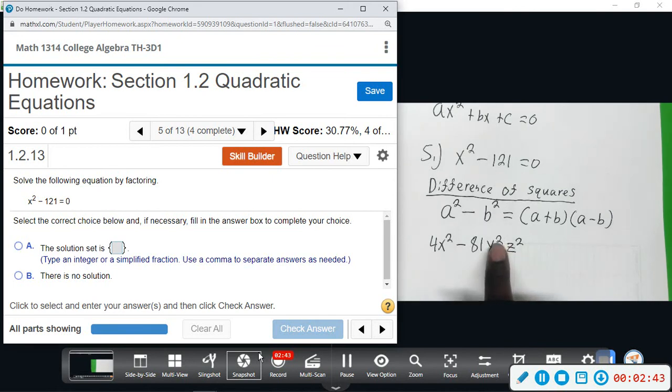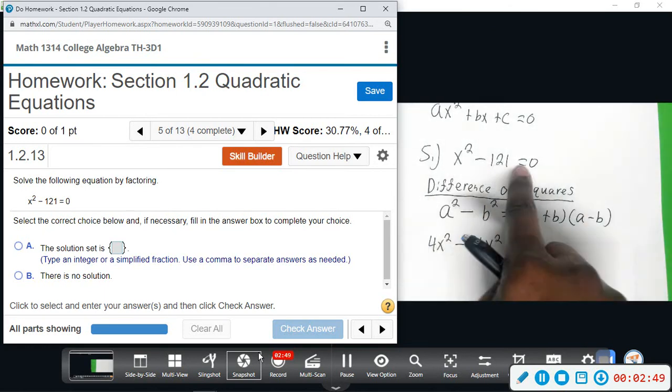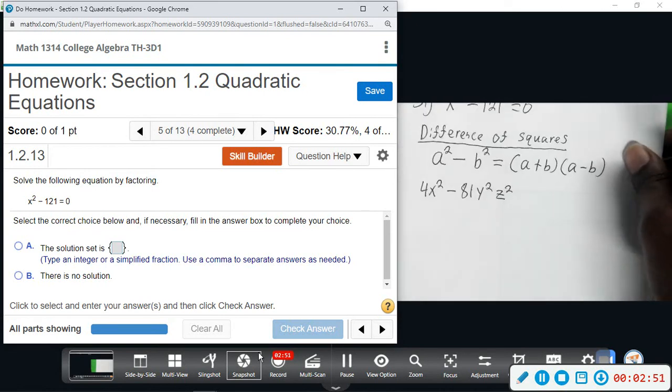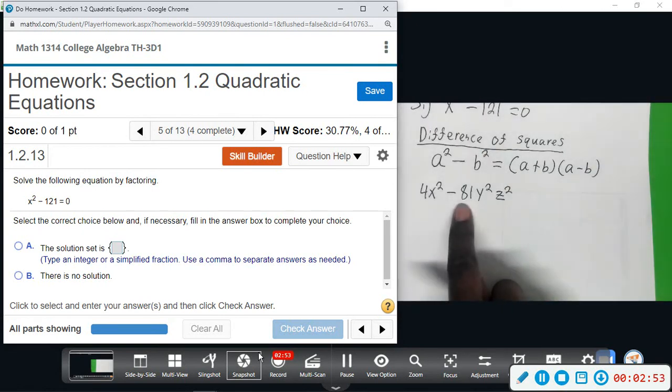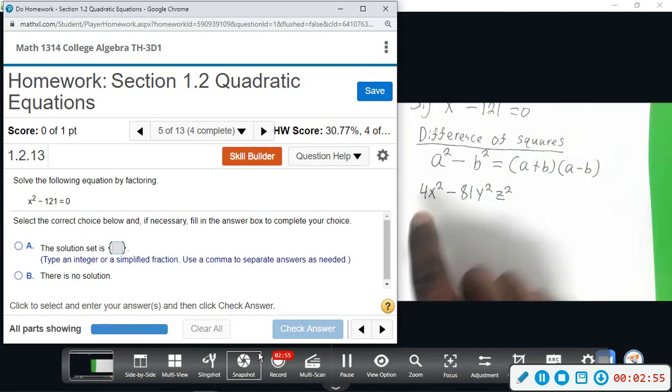Even if these were bigger than 2, as long as they were even, the same formula holds. Let me show you, and then we'll do our problem, because I want you to be able to do it no matter what it looks like, so you don't freak out.